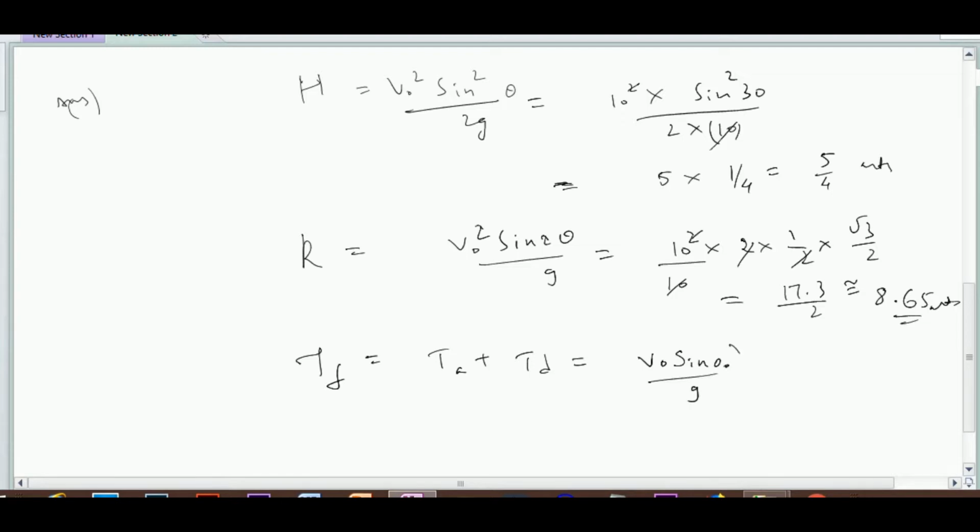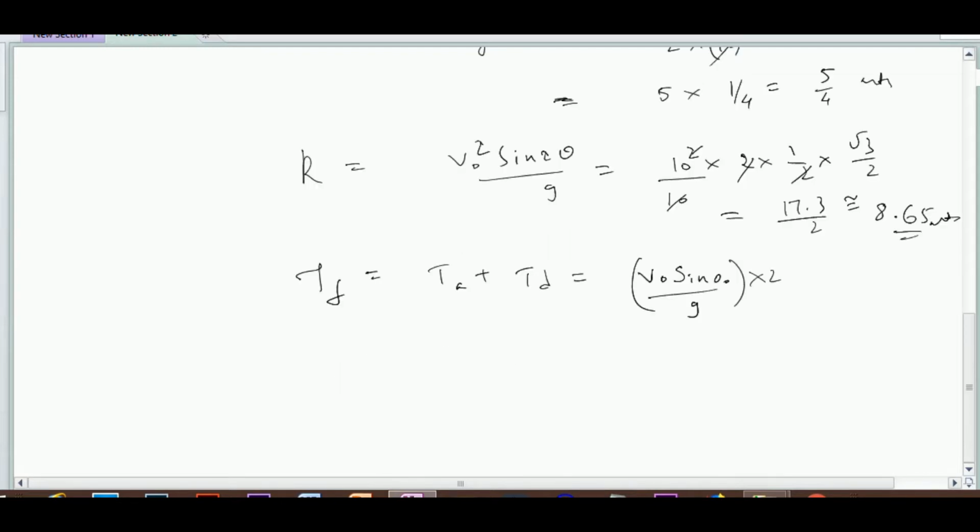So Ta plus Td is equal to v0 sin theta by g for each one, so we multiply it by 2. So 10 into sin 30 is 1 by 2. So 5 by 10 is equal to 0.5 into 2. So that will be equal to 1 second.